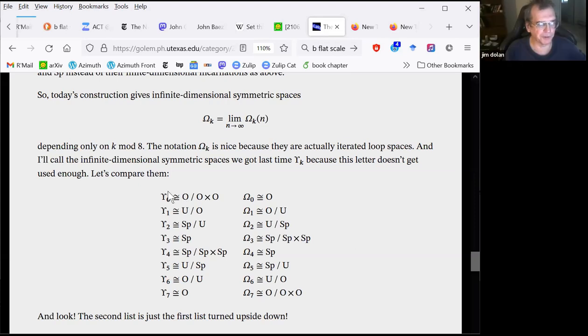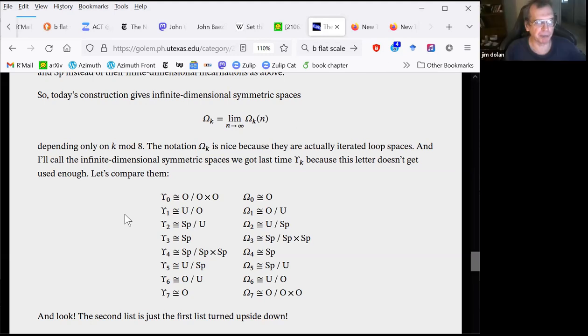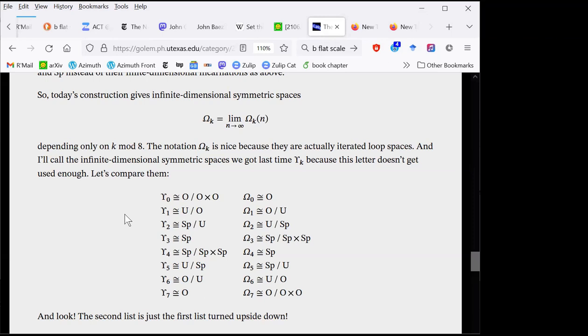All right, let me see if I'm following along. Okay, so this is a little table here with equivalence signs in it. Those are actual statements. Yeah, those are statements. So these are homeomorphisms of spaces, or really diffeomorphisms of infinite dimensional manifolds or something like that.